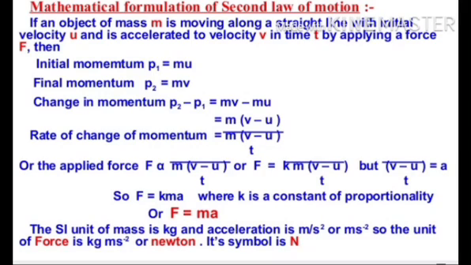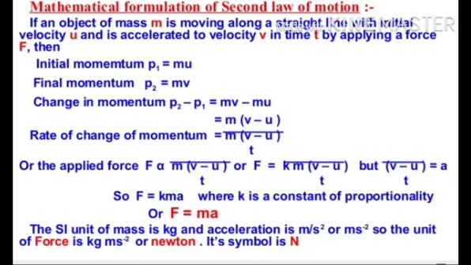If an object of mass m is moving along a straight line with initial velocity u and is accelerated to the velocity v in time t by applying a force F, then initial momentum is P1, that is equal to mu, and the final momentum is P2, which is equal to mv.